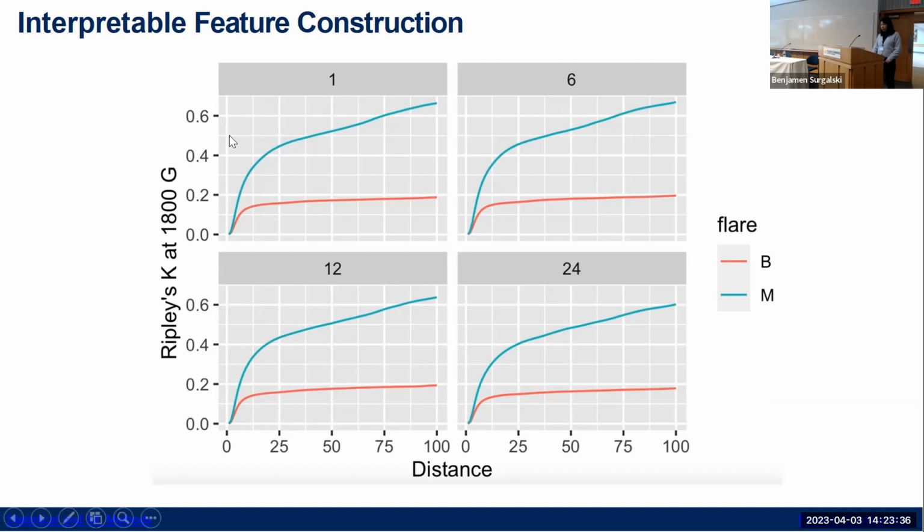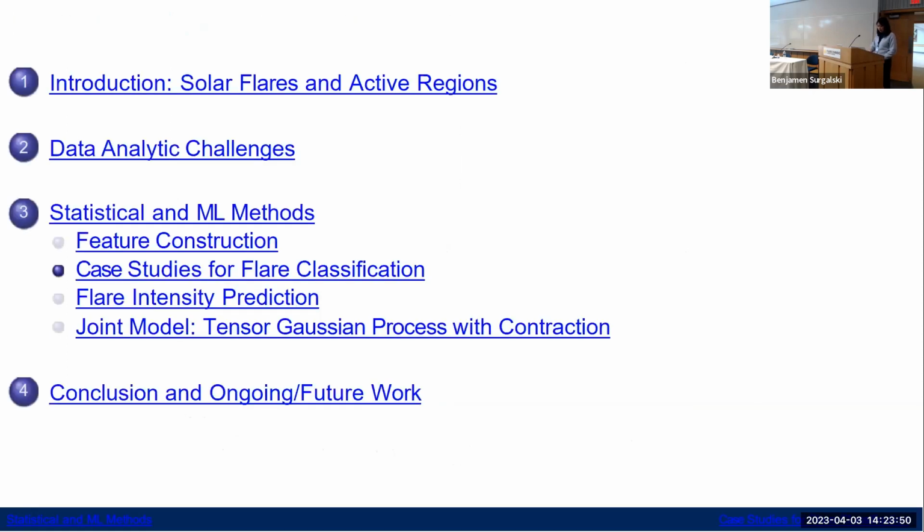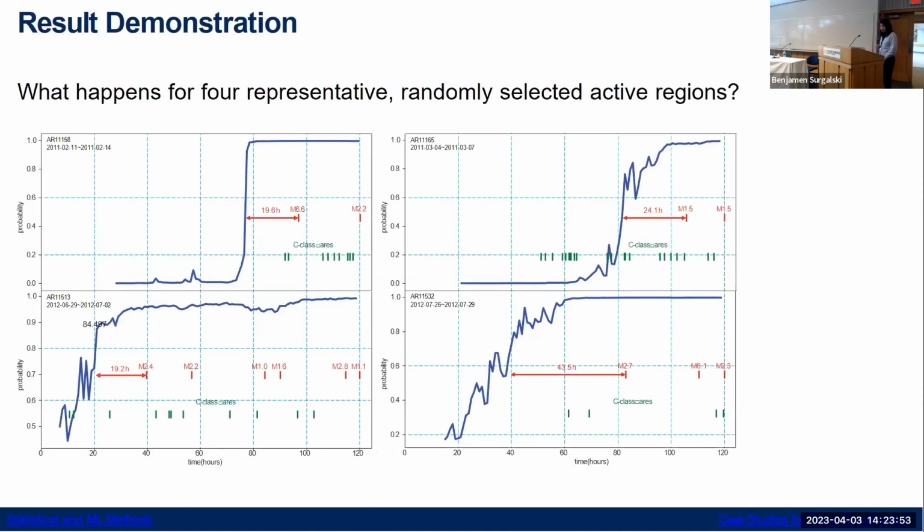This is 1 hour ahead of the eruption, 6 hours ahead, 12 and 24 hours ahead of the flare eruption. So these features are highly important in terms of separating or distinguishing the very strong flares from the weak flare events. So I'll show a few case studies that we have.